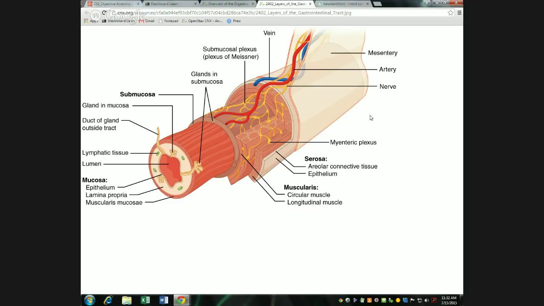So there are neurons there, which represent autonomic ganglia to some degree, and there are nerve fibers there, axons. The neurons that are there, that I just said represent autonomic ganglia, would have to be what type of autonomic ganglia? What type of autonomic ganglia would be in the wall of an organ?